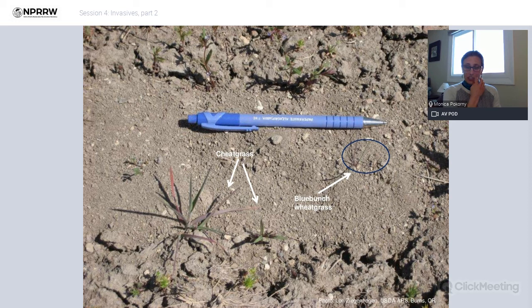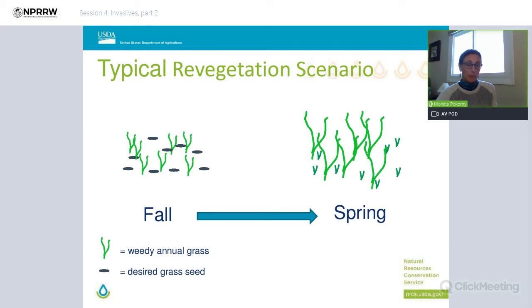And this next slide is an example of that. So the emergence of cheatgrass, which is a winter annual invasive grass, emerged in the spring with the seeded bluebunch wheatgrass, which is a lot smaller. This bluebunch wheatgrass is a native perennial bunchgrass in our area and a desired plant. What's a really typical revegetation scenario in our region is that we tend to fall dormant seed.